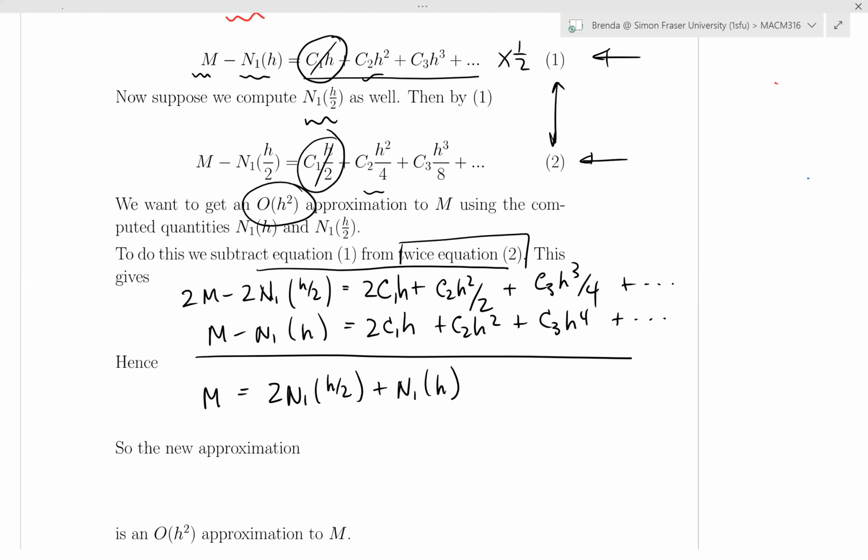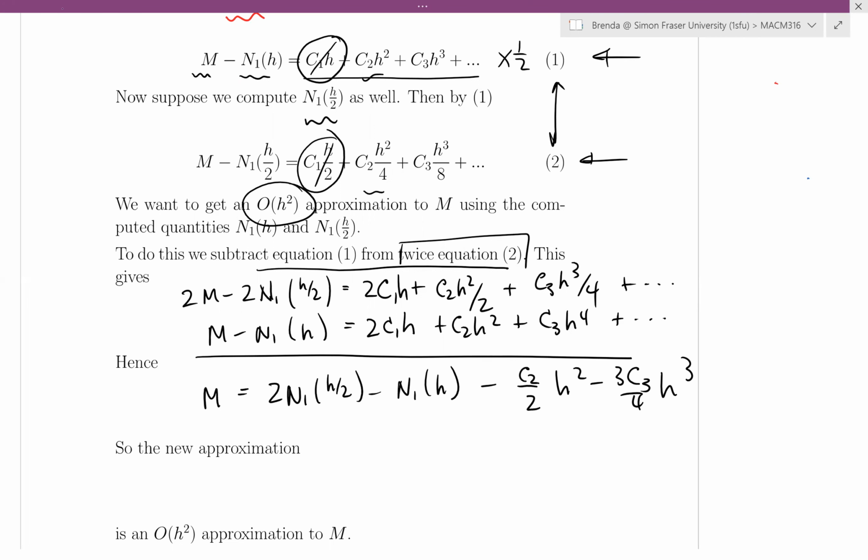Which way am I subtracting? I want to make sure I'm subtracting the right way. There. Minus c2 over 2 h squared minus 3c3 over 4 h cubed.